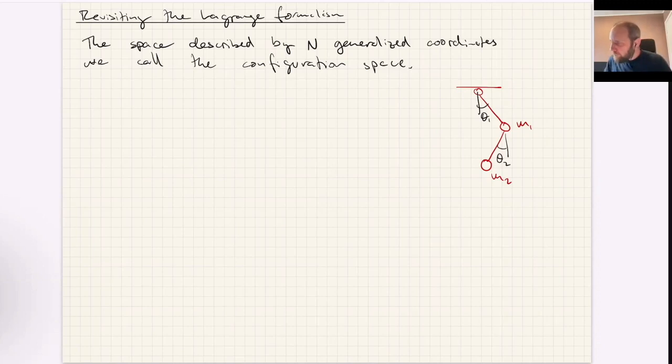In this case, a two-dimensional space, right? I'm going to call this configuration space M, just as we did last week.